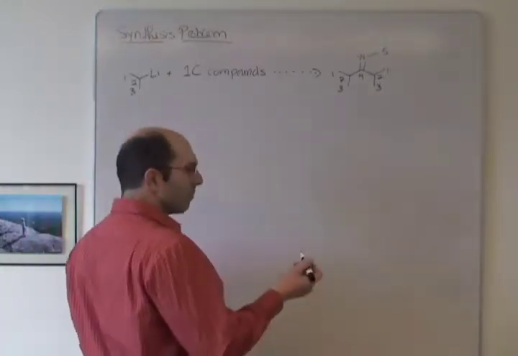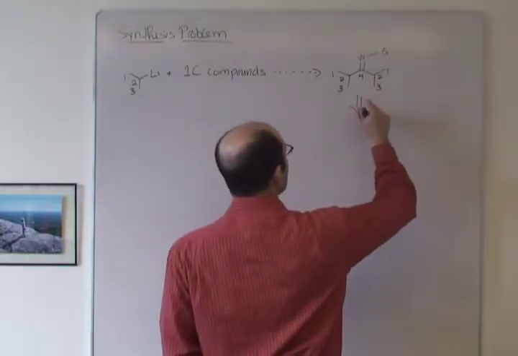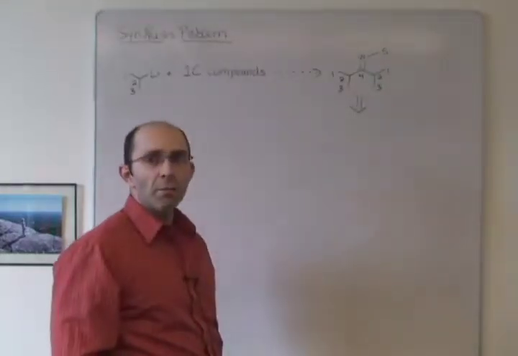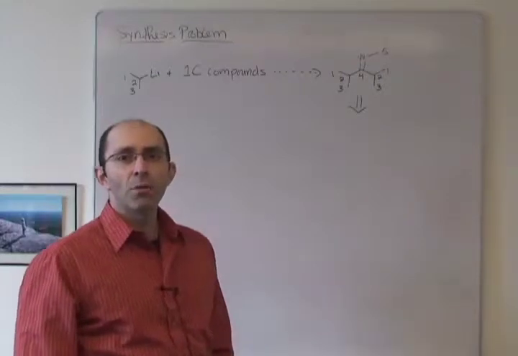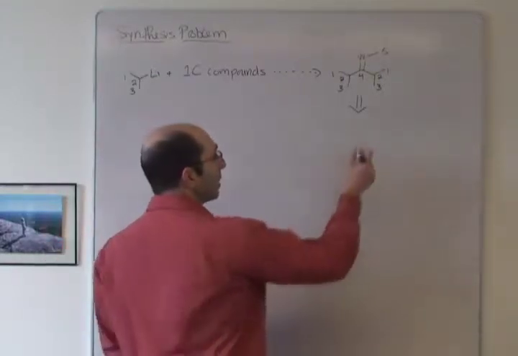All right. And we have to think backwards on this problem at least one step. And we talked about this in class, which is the question, how do I make an imine?